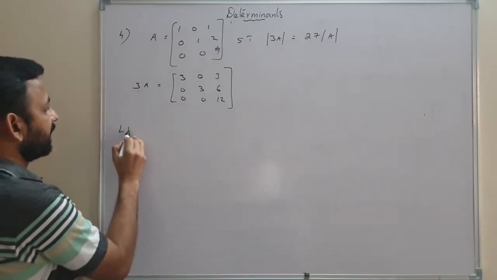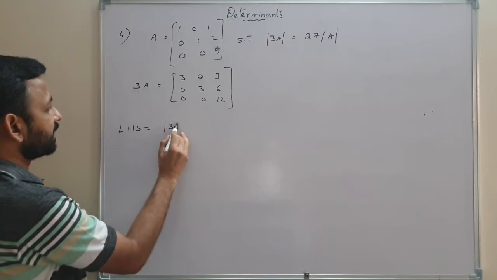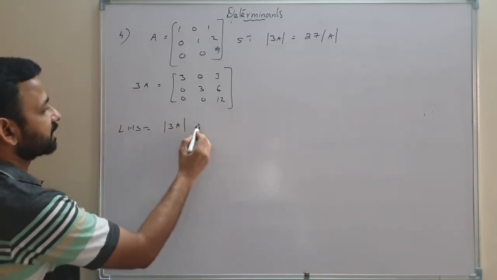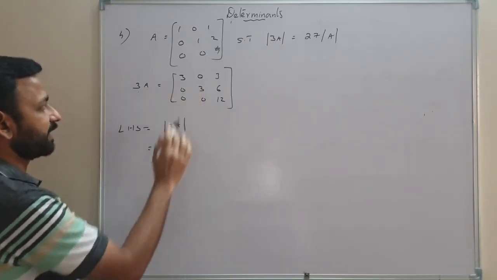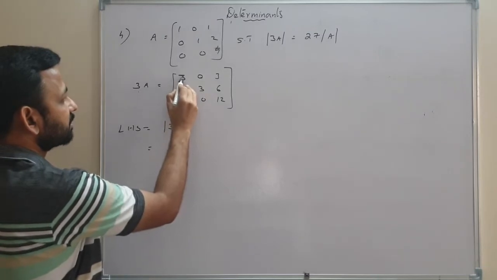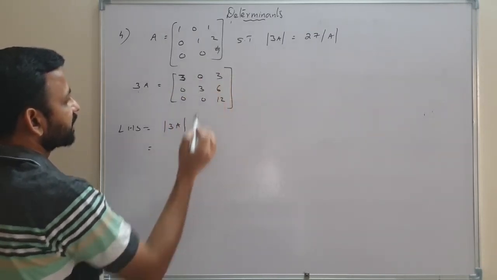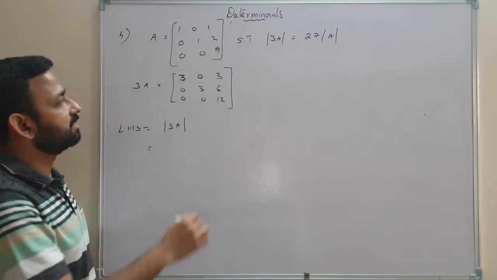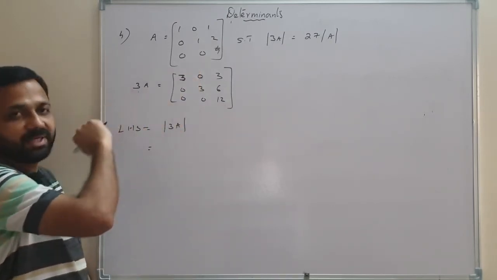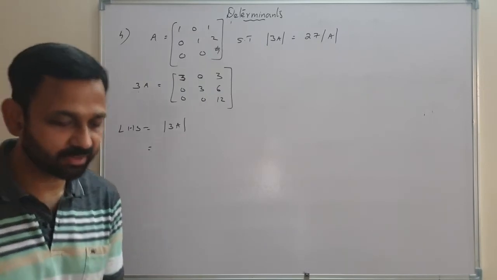Now we can find LHS, that is determinant 3A, the determinant of this matrix. When we find the determinant, if we use the first column, it will be easy because we have two zeros.